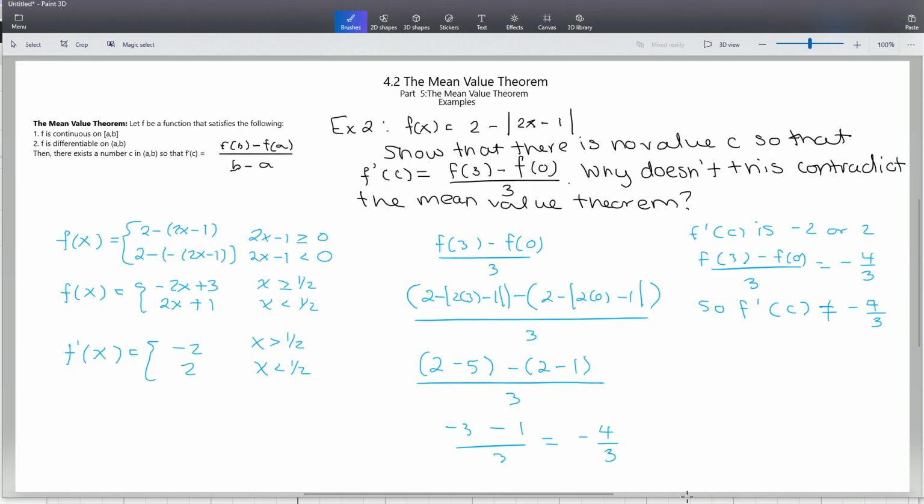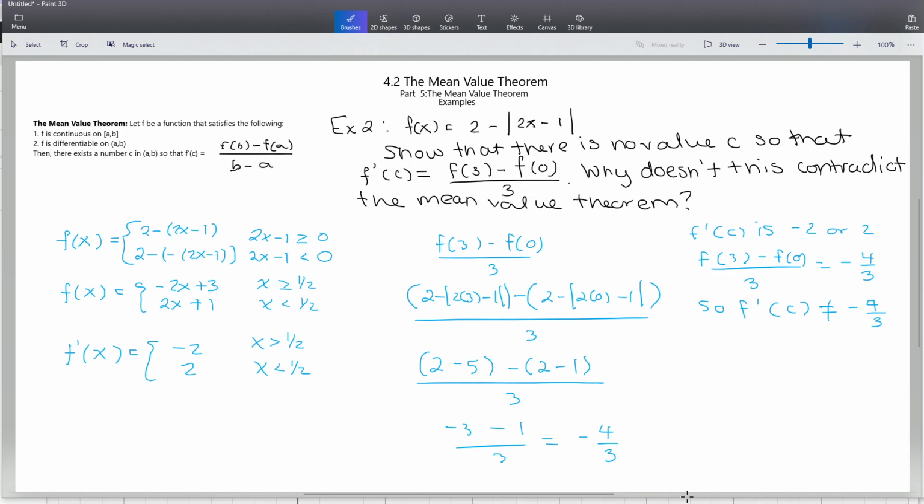Now the second part of the question. That answers show that there's no c value for which this is true. That's just not possible. You can only get -2 or +2 for the derivative. You can't get -4/3. So why doesn't this contradict the mean value theorem?